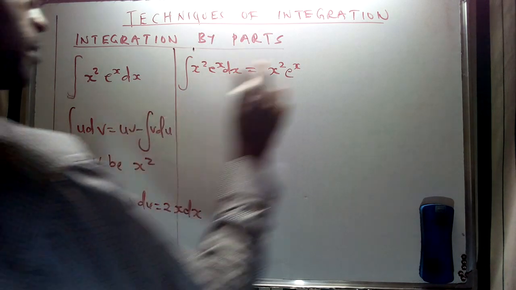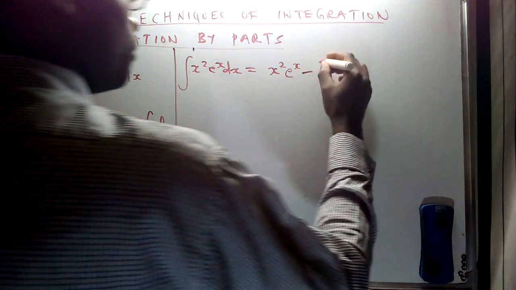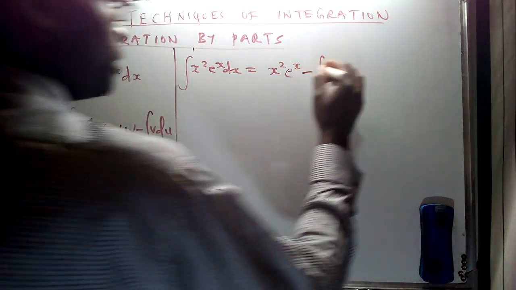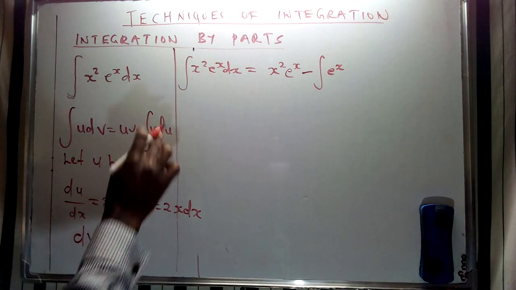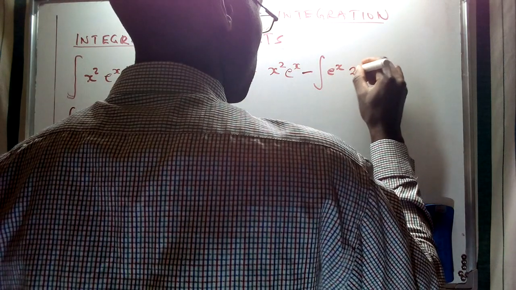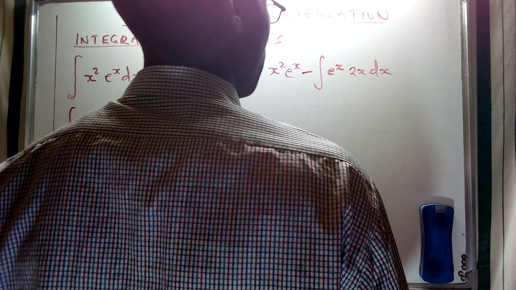And then minus the integral of v du. So my v is e^x, and du is 2x dx, given as such.